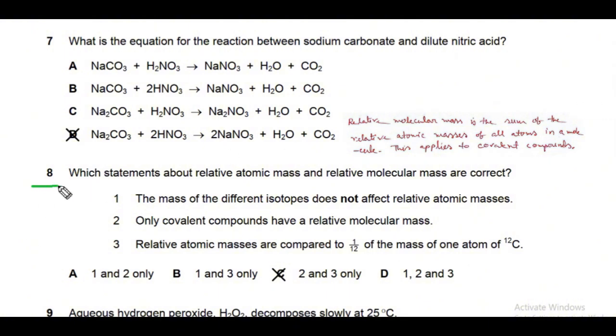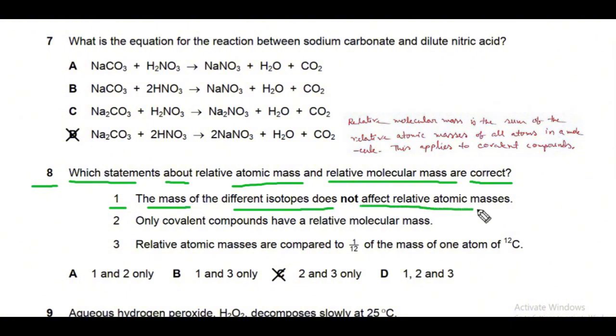Number 8. Which statements about relative atomic mass and relative molecular mass are correct? Number 1. The mass of the different isotopes does not affect the relative atomic mass. This is wrong.